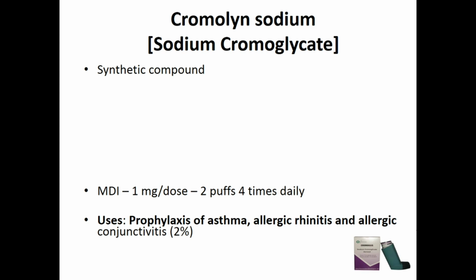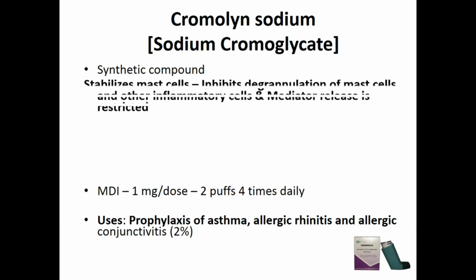Okay, now we come to another group of drugs known as the mast cell stabilizers, like cromolyn sodium, or very simply known as sodium cromoglycate. Now, what happens to this compound? We say it is a stabilizer of the mast cell.